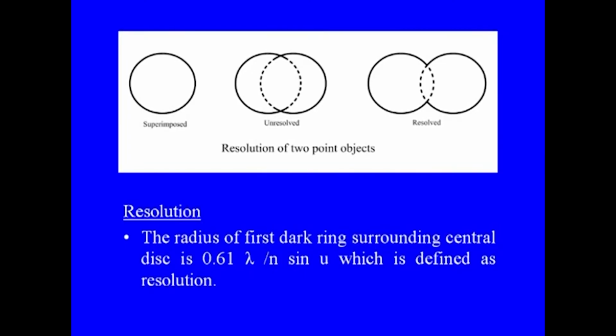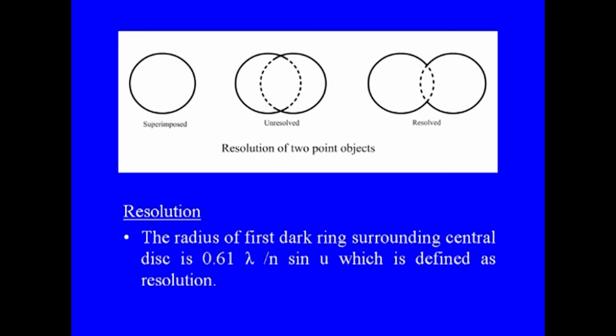So, to see 2 point objects as separate entities, these two diffraction patterns have to be resolved. And resolution is defined in terms of the radius of the first dark ring surrounding the central disk, which has been calculated to be 0.61 lambda upon n sin u.